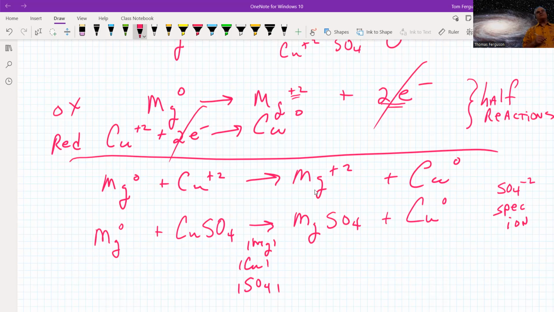It didn't go away, it just went from a metal to an ion, but visibly it went away. And all of a sudden, you started seeing copper metal appear just out of nowhere. Your nice copper sulfate blue solution will no longer be blue because magnesium sulfate solution is colorless. So the nice pretty blue will start to go away.